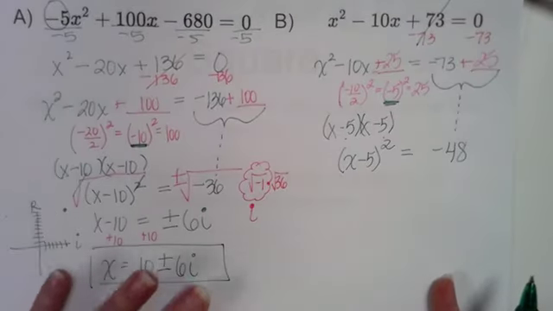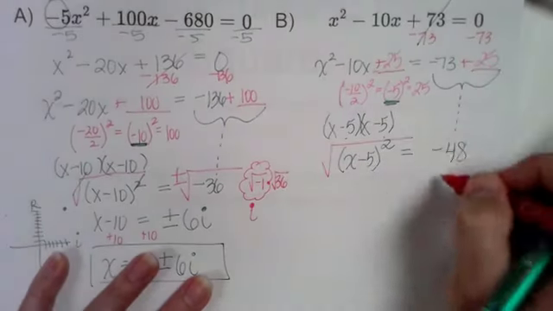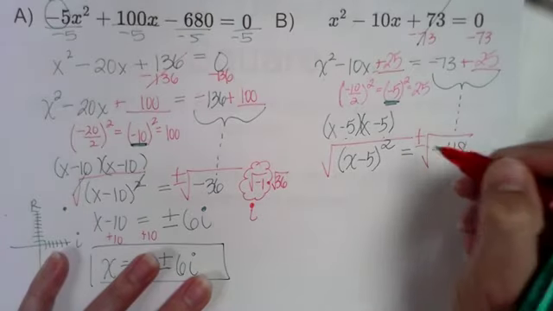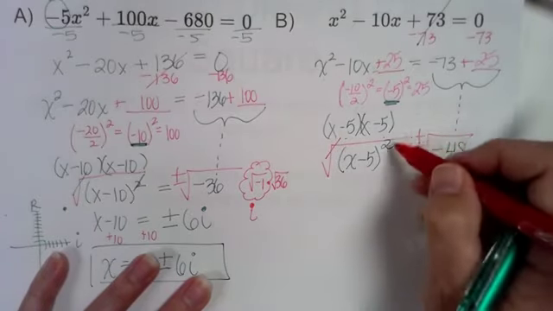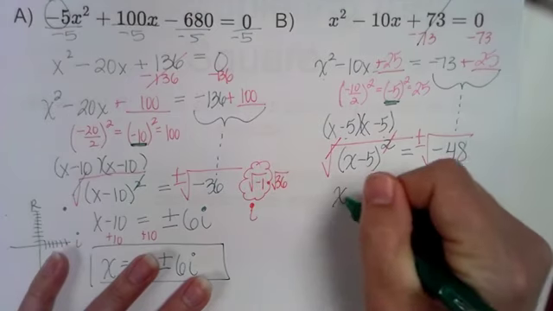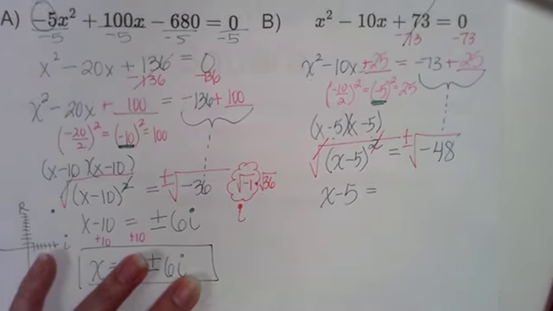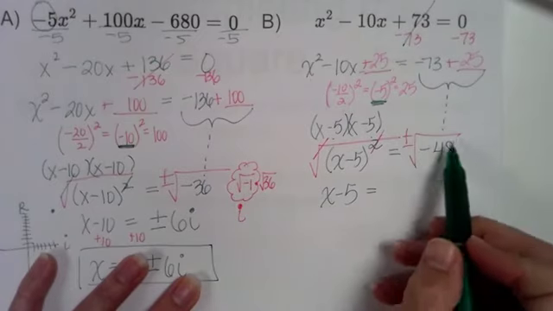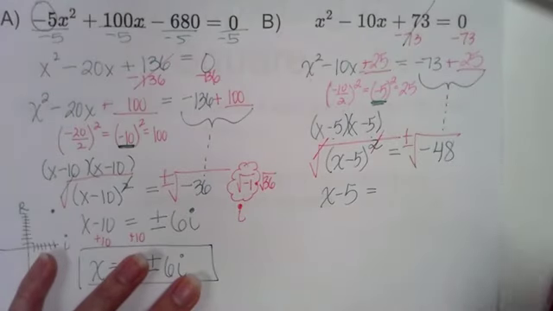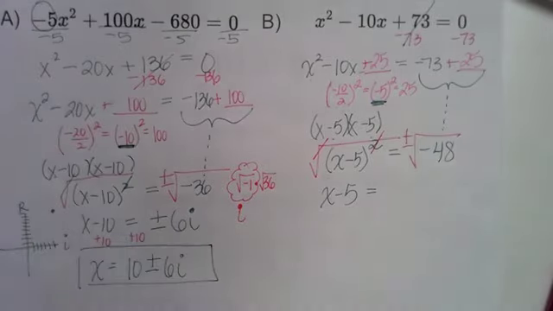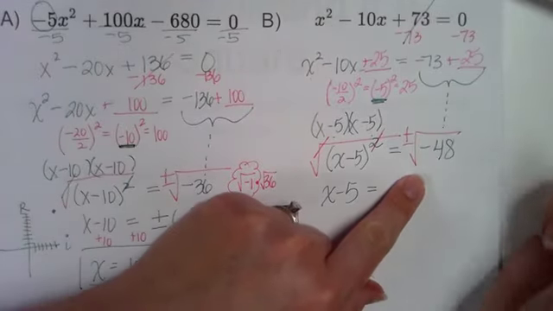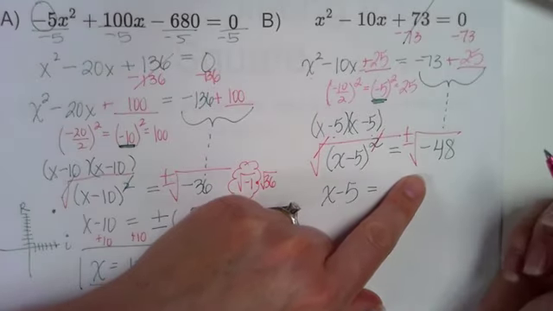Then what should we do? Square root both sides. Don't forget the plus or minus. The square root and the square cancel out, leaving just x minus 5, conveniently. Now, this, we've got some work to do. I'm going to simplify that radical. And when we're simplifying the radical, we have to look for perfect squares.